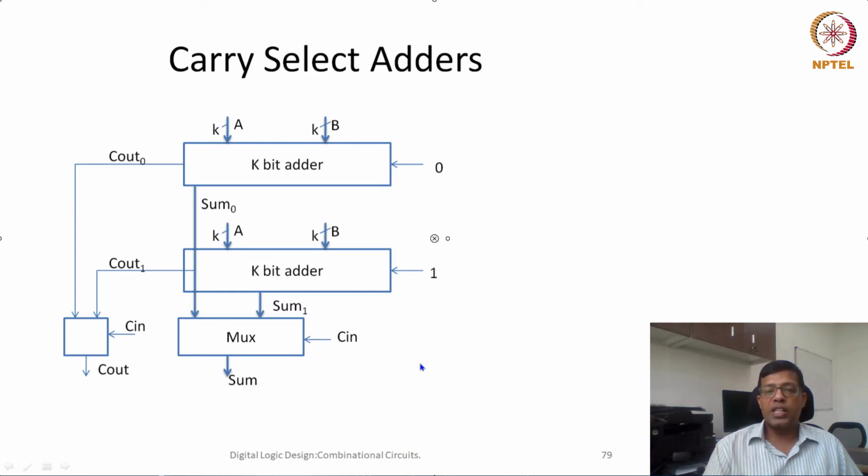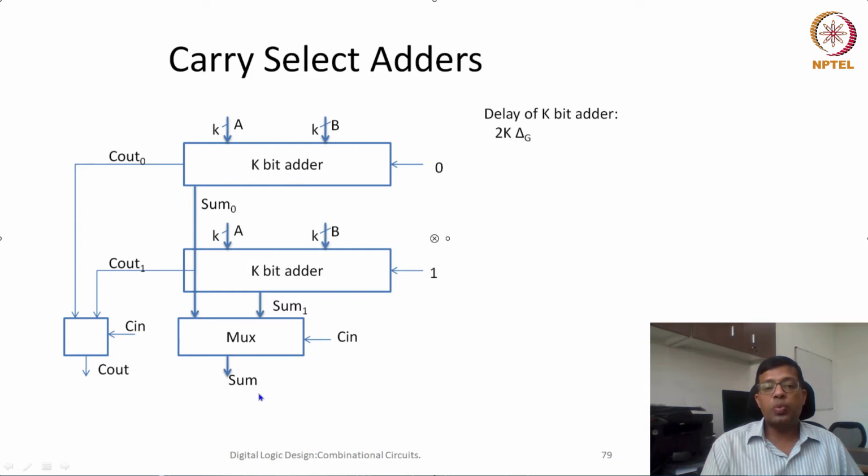So when this C in is to be generated, let's do a quick delay analysis. For the k-bit adder, let's take the simplest one, a ripple carry adder. As the implementation of this k-bit adder, the delay in a ripple carry adder is 2k delta g. Delta g is the gate delay, so gate delay into 2 into k would be the delay of the k-bit adder.